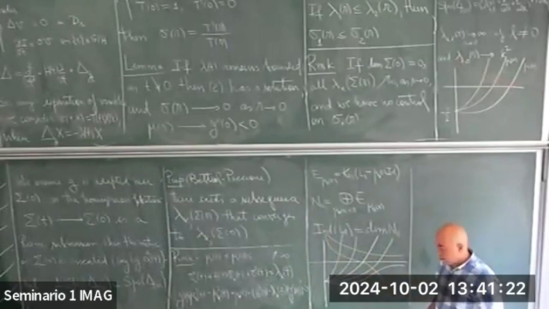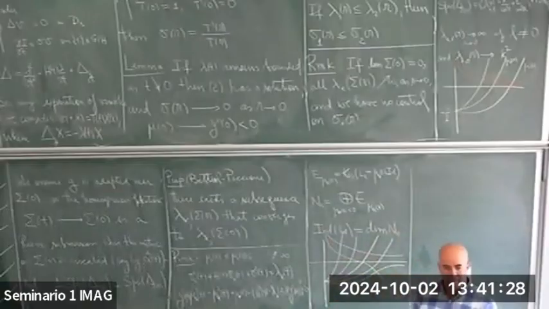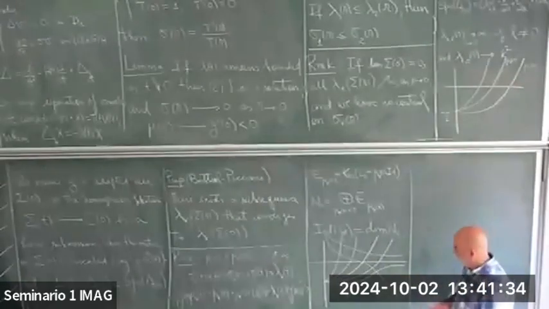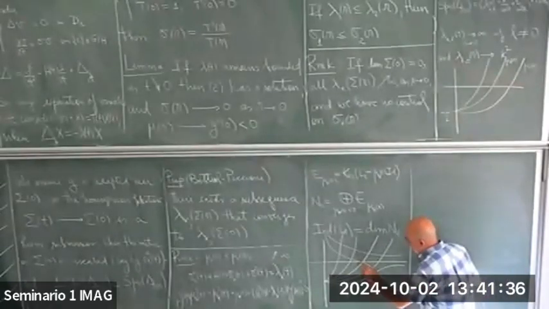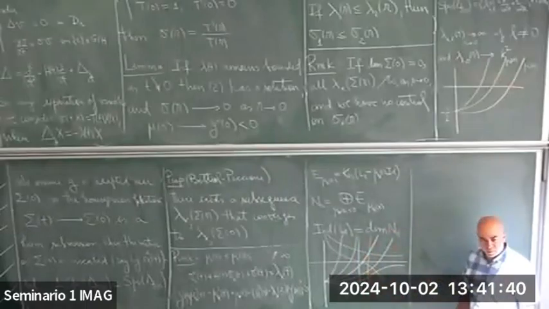So in this case, what do we have? The index could be constant, may not change. Let me show you, Jose. So this is the point, and you look in the neighborhood here, a small neighborhood.